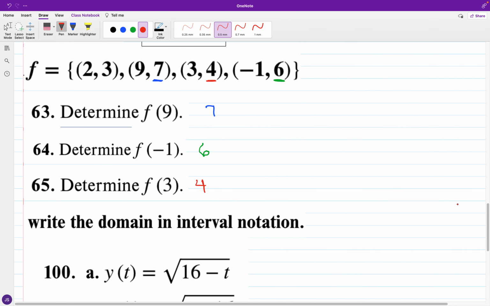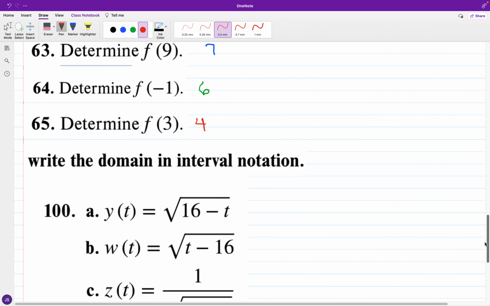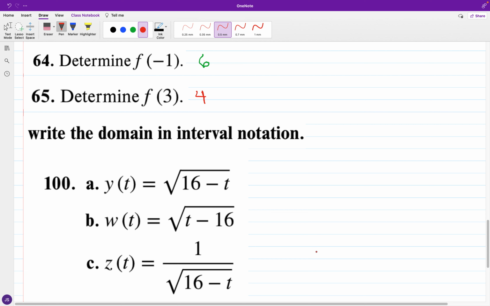Now, going back to domains and interval notation. We have problem 100, which involves radical functions, and there are three parts.